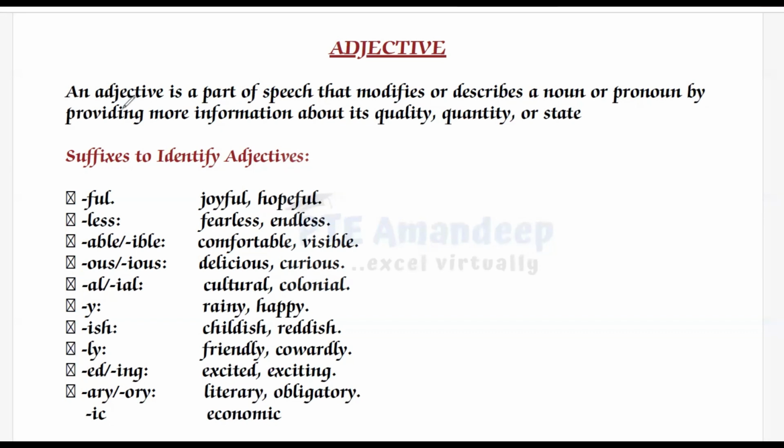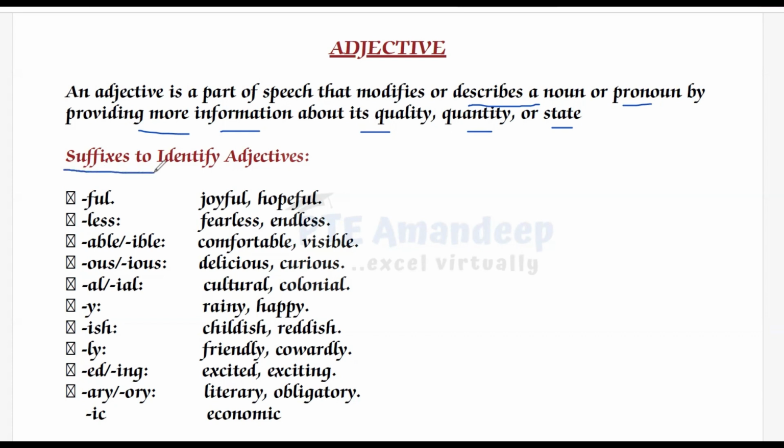An adjective is a word that describes a noun or a pronoun. It says something about a noun or pronoun by providing additional information. It may say about its quality, its quantity, its state. So it could be a positive or a negative word that is describing a noun or a pronoun, right? So that is an adjective.